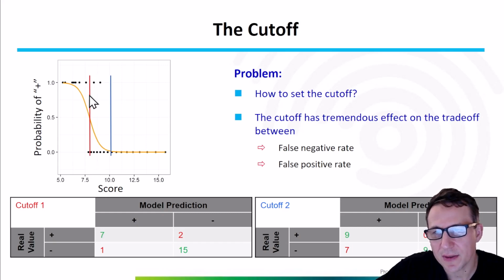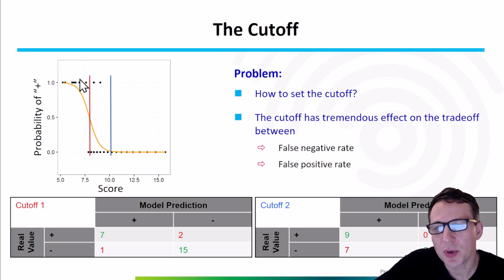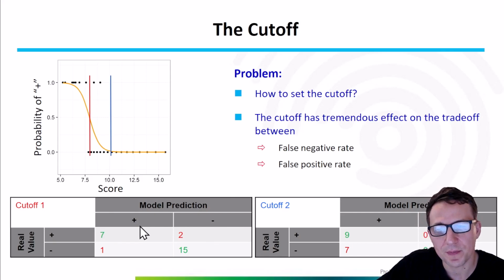For instance, this red line here, you may draw it at, I don't know, 7.7, something like this. And then you would predict all that are left of the red line as the positive class and all that are right of the red line as the negative class. Yeah? And this would give then rise to this confusion matrix. Yeah? This would give you the actual predictions.